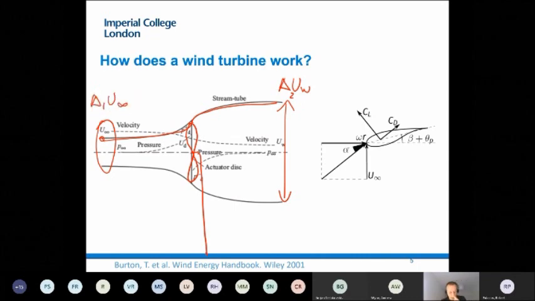So one feature you will see, and this is very easy to observe on this previous picture, I have this cartoon of the farm, is that the wakes, the rotor wakes, open compared to the size of the rotor itself. In that process, there's extraction of energy.